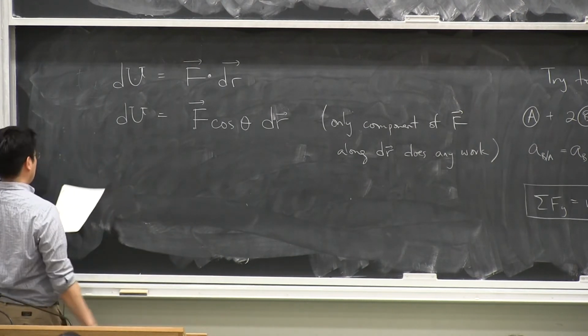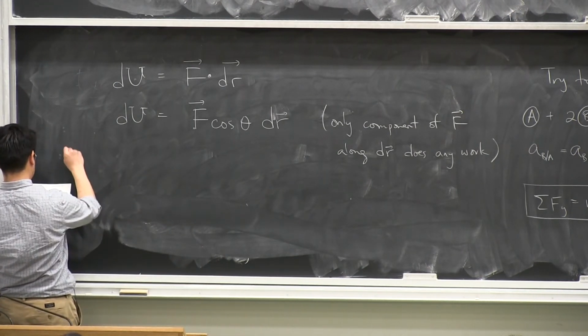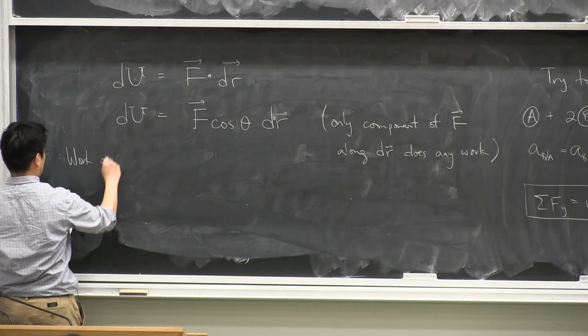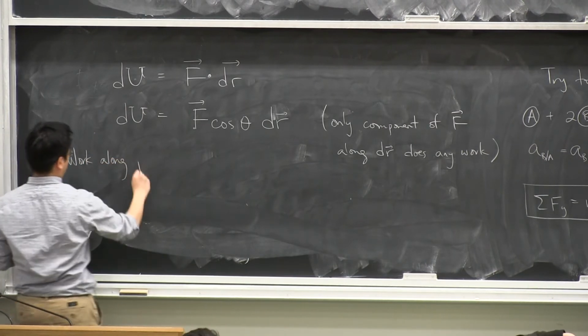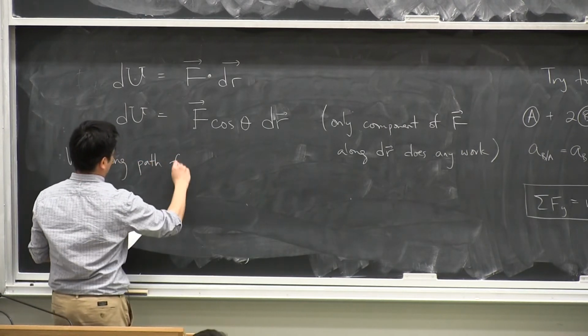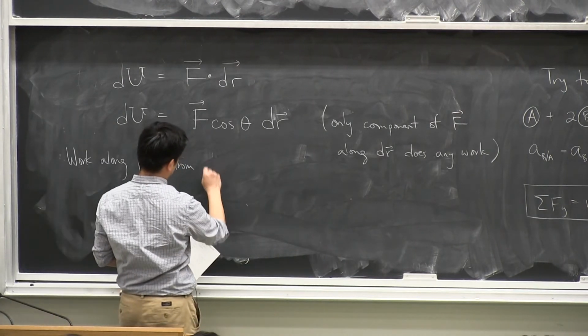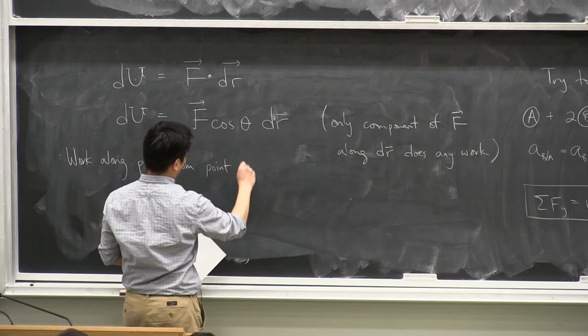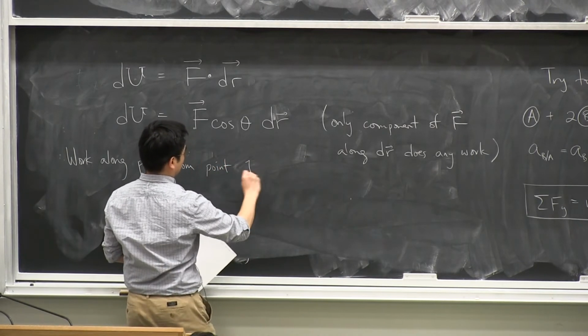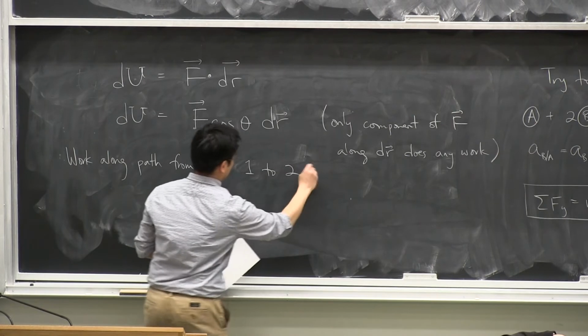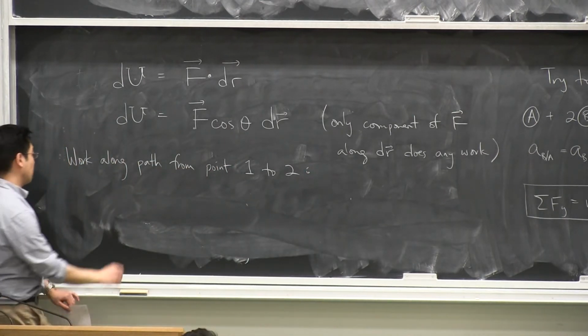Okay? And so when you do work along the path from the start to the end, so let's say from point 1 to point 2, what you do is you do an integral.